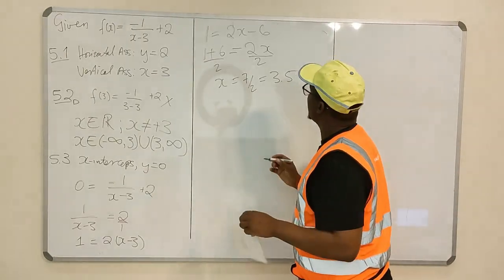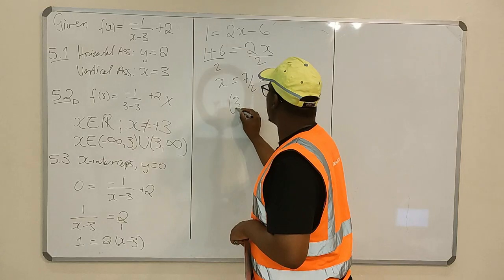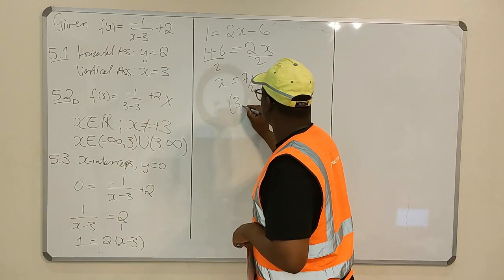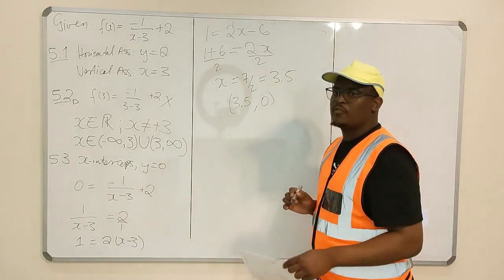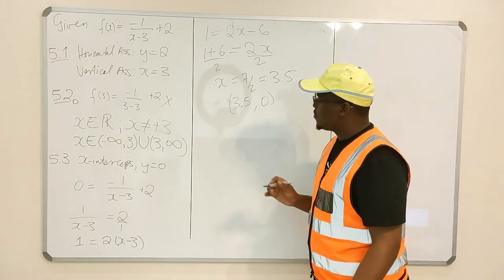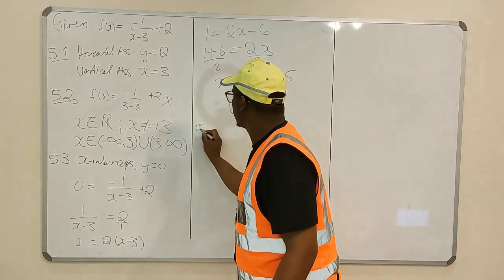So they wanted the coordinates of the x-intercept. So your coordinates are 3.5 and 0. These are the coordinates for the x-intercept. Then we go to 5.4.